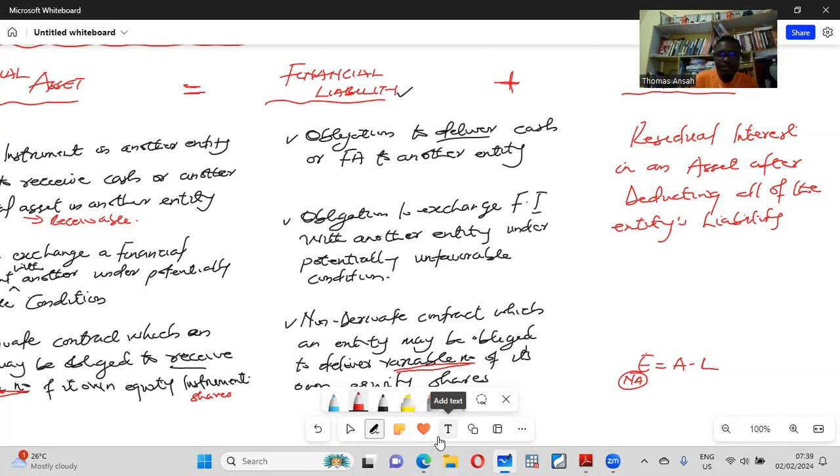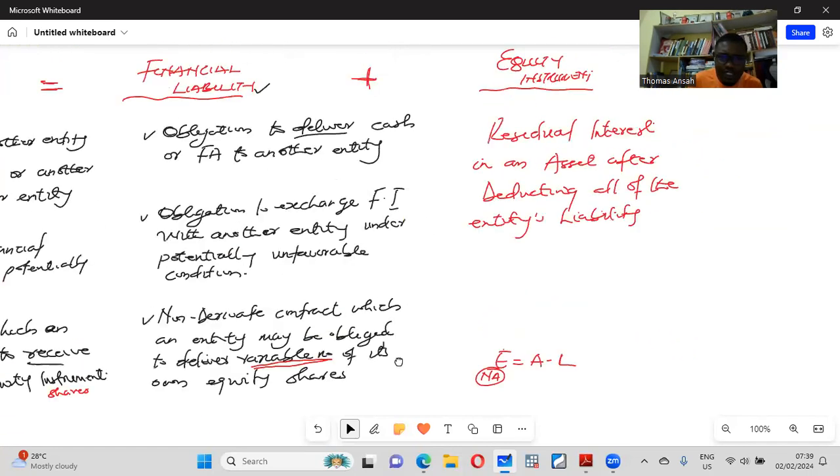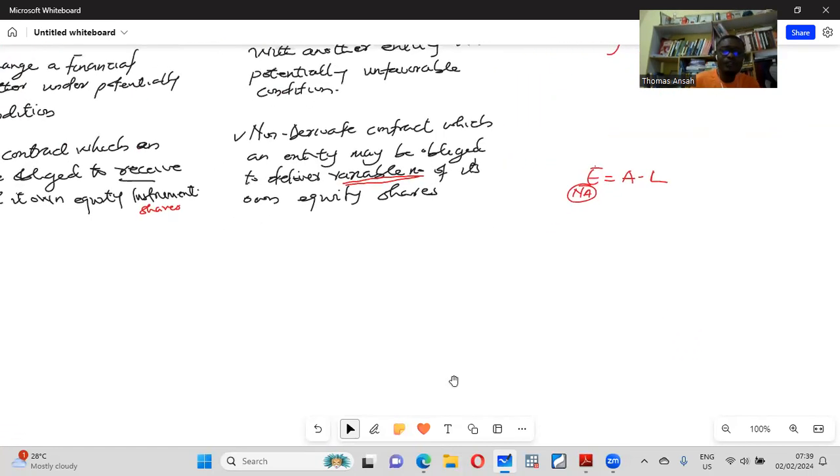All right, ladies and gentlemen, this is IAS 32, which calls on us to do this classification. Why is it important we do this classification? Especially for the liability and the equity instrument, it is very, very important.